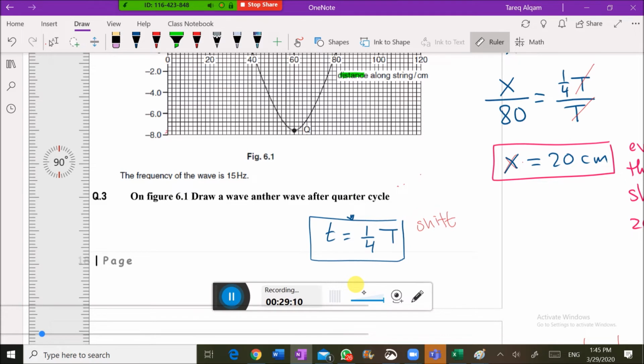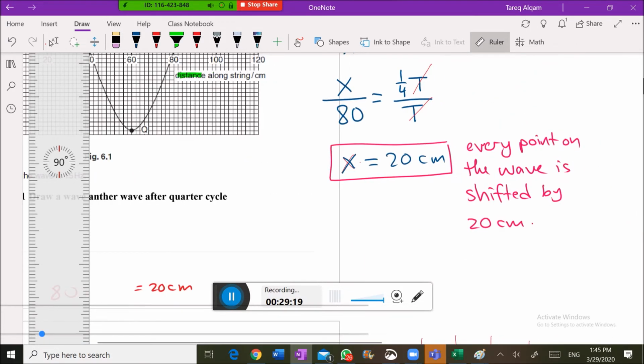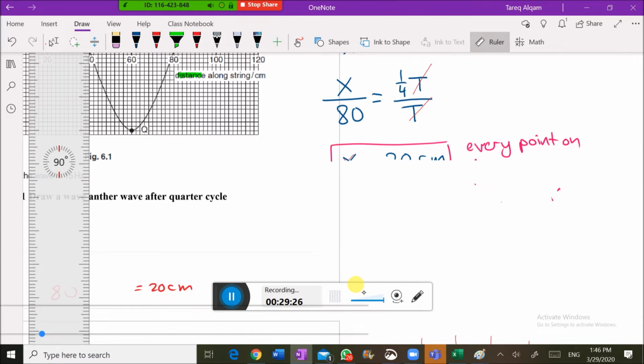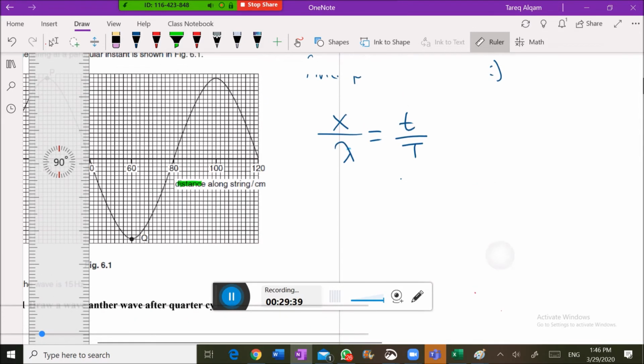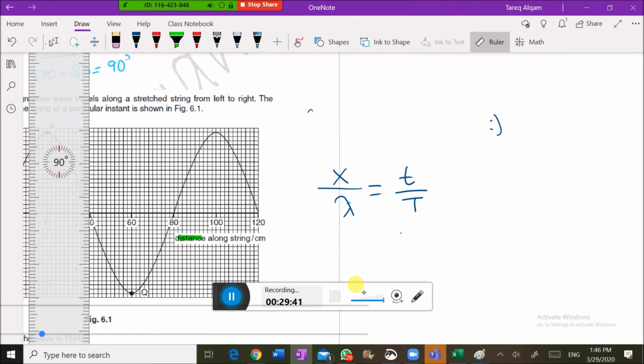Now, guys, we might be asked to draw another wave at a certain phase shift. You might be asked to draw another wave after a quarter cycle, or after half a period, or after 360 degrees in phase difference. Okay, so I have to show you what we will be asked to find.